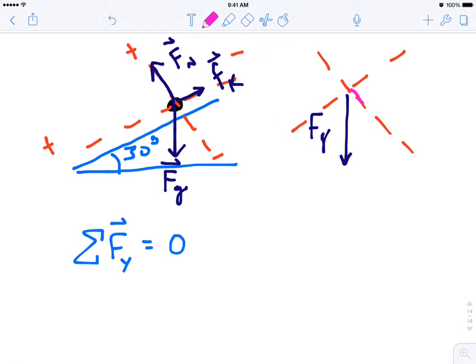I'm going to draw my y-axis component first, so there is the force of gravity on the y-axis, and then making sure that this next component is perpendicular to the y-axis component, I'm going to draw the x-axis component of the force of gravity.